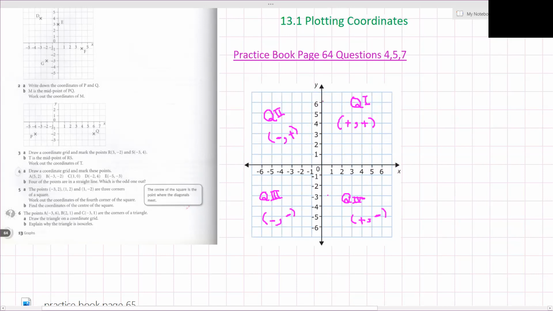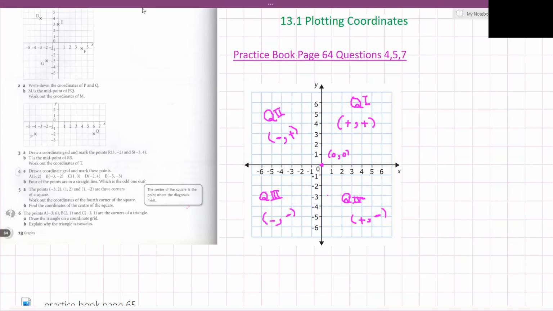We said also the intersection of these two lines is called the origin. The coordinates for this point are 0 and 0, and you can call this point the origin, the intersection of the x-axis and y-axis. Okay, let's start our questions.